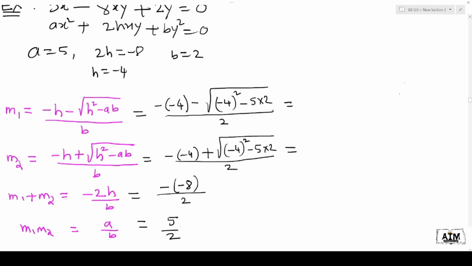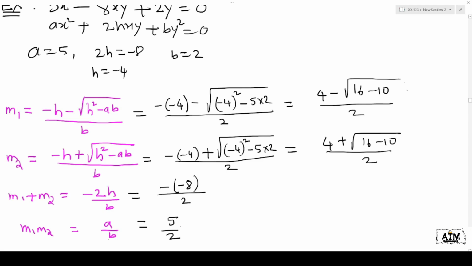Now m1 equals 4 minus under root of 16 minus 10 divided by 2, and m2 equals 4 plus under root of 16 minus 10 divided by 2, that is 4 minus root 6 divided by 2 and 4 plus root 6 divided by 2.